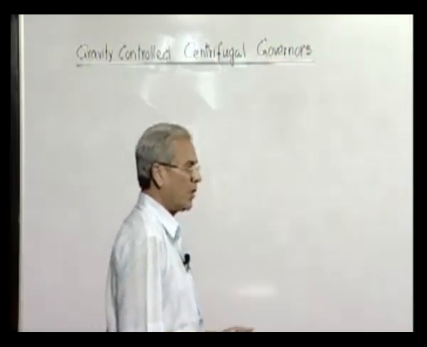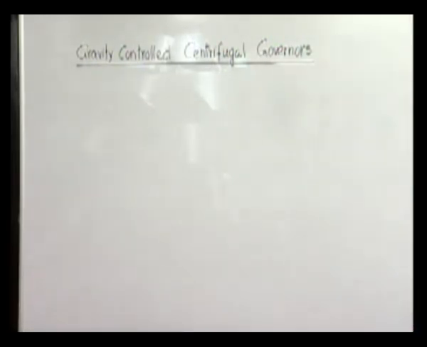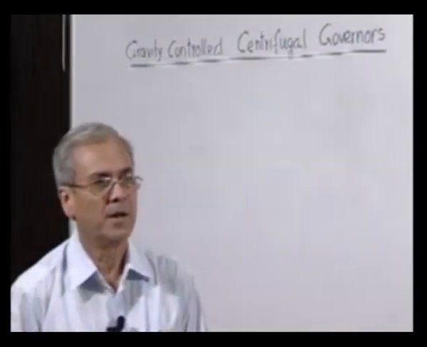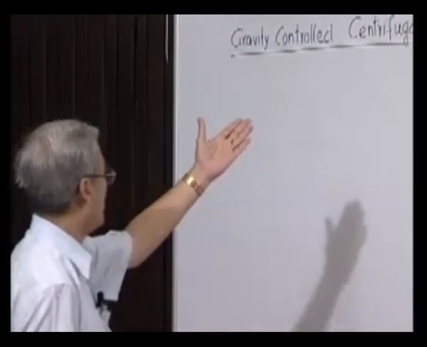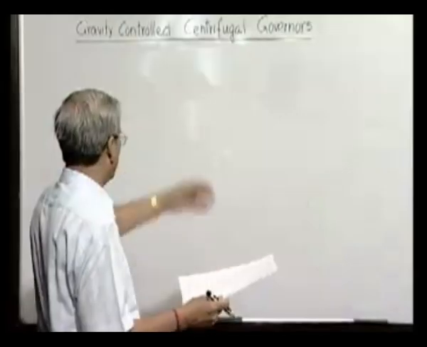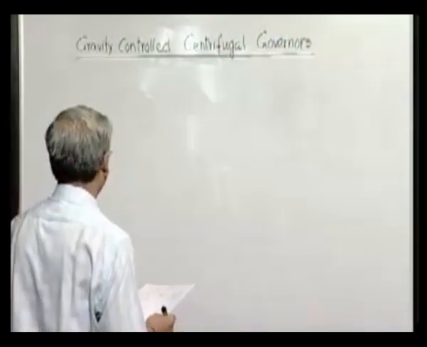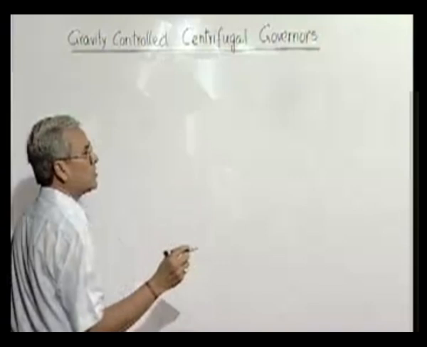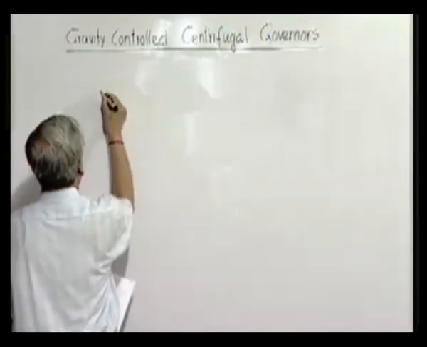So I have mentioned also to you that the first ever governor mechanism, which was designed by James Watt for his steam engine in the 17th century, was also one of the governors belonging to this class, that is centrifugal governor, but controlled by gravity. The three commonly used gravity controlled centrifugal governors I will just indicate here.